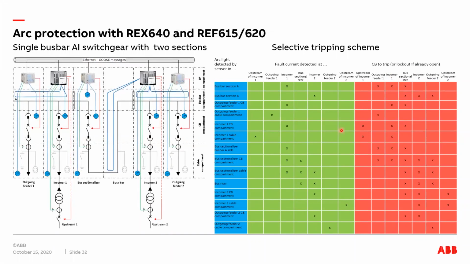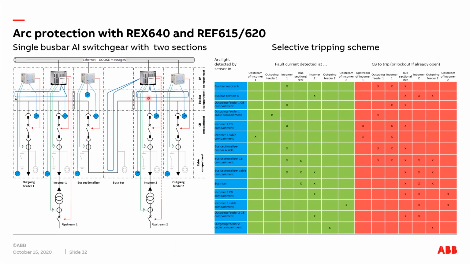As a last example, here is one very similar to the previous one, but here we are using fiber loop sensors with REX640 relays on both sides.